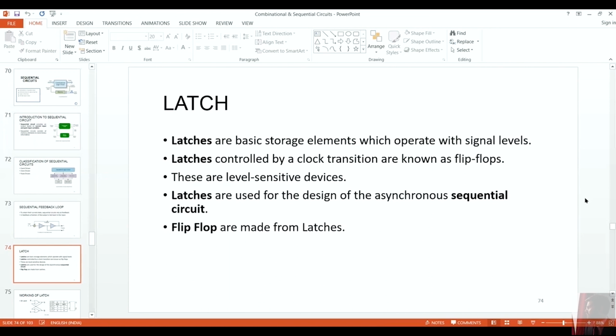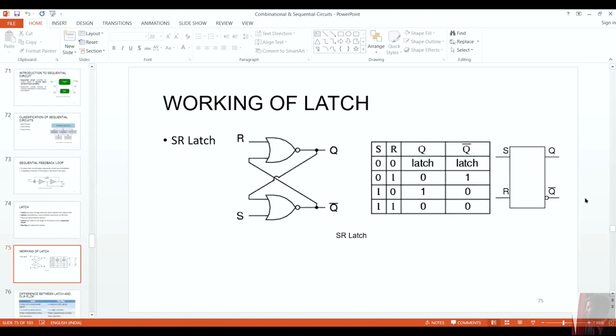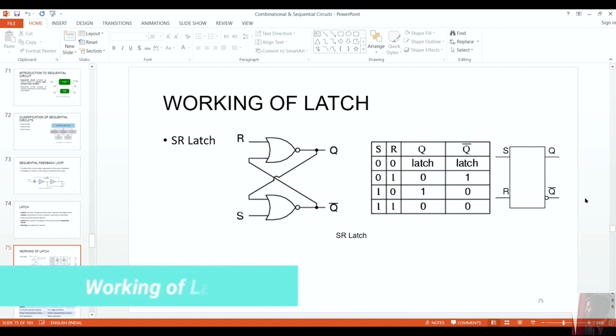Latches are very sensitive, and they are also asynchronous because no clock is there. Any latch, any circuit can operate at any particular time. There is no coordination among different circuits, so we name it latch. And flip flops are made from latches.